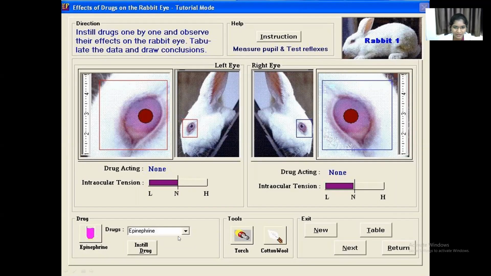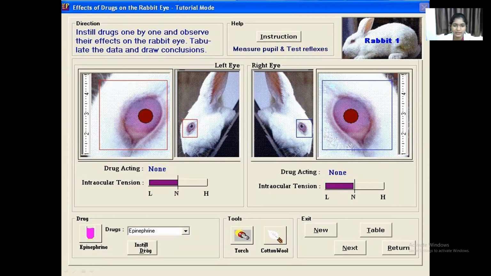If you click here, you will get all the drugs. Whichever drug you want to instill, you select it, then take the option instill drug.